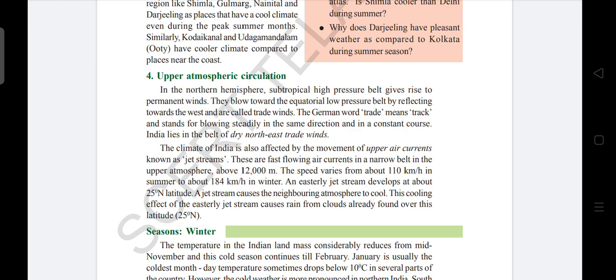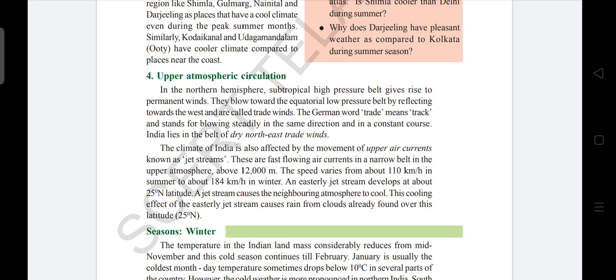The German word trade means track, and it stands for blowing steadily in the same direction, which means these winds blow in the same direction with the same pressure and in a constant course.